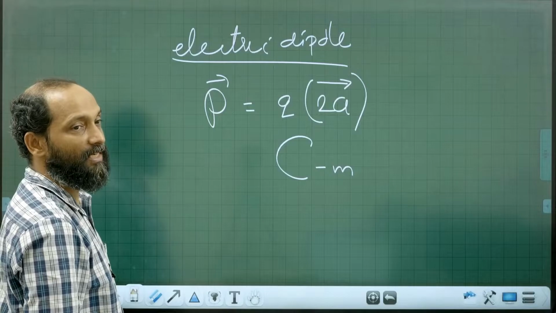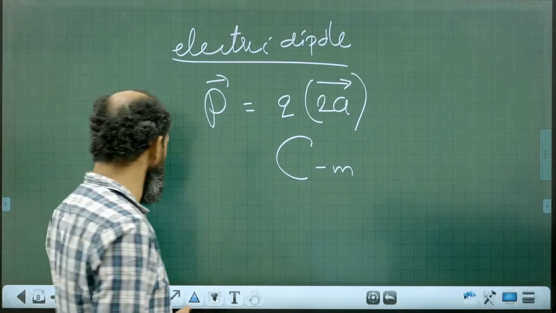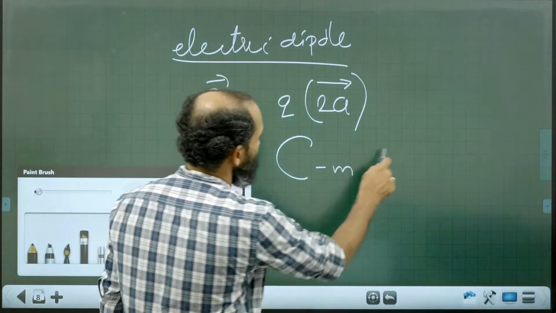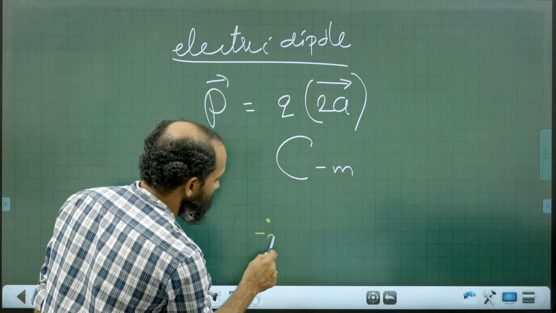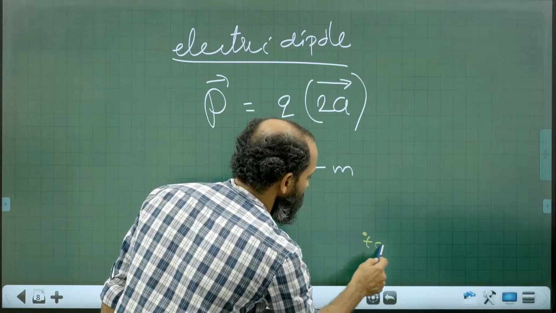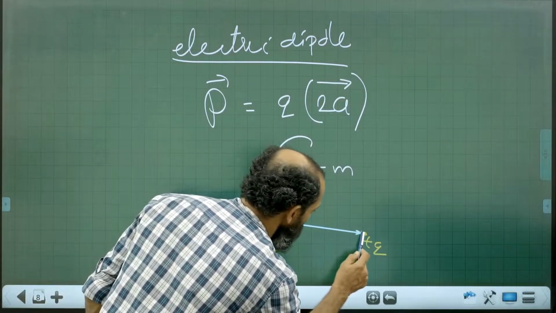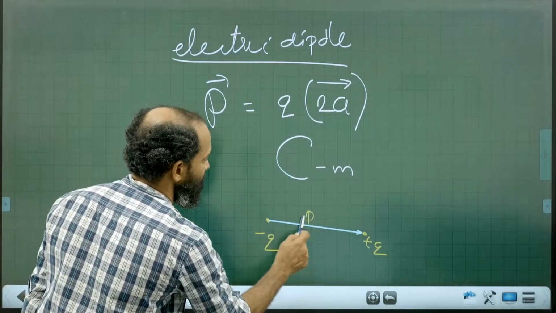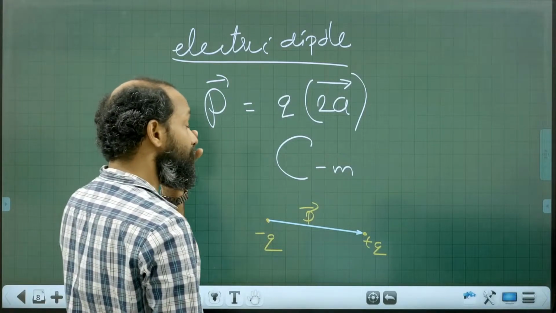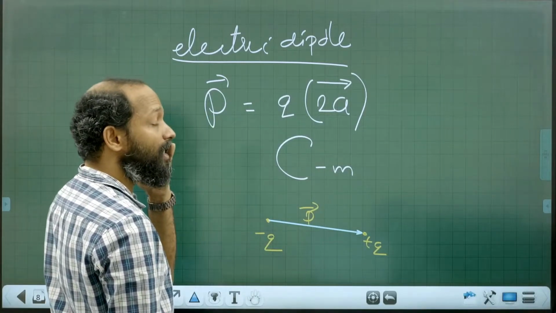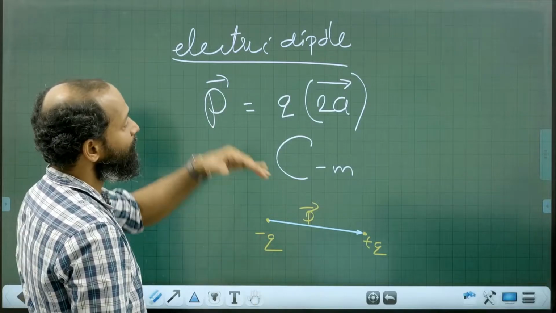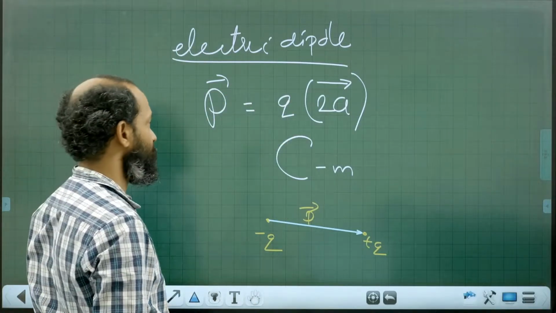Dipole moment is a vector directed from minus q to plus q. Suppose you have charges minus q and plus q in the system. The direction of dipole moment is from minus q to plus q, measured as the product of either charge in that dipole and the dipole length.